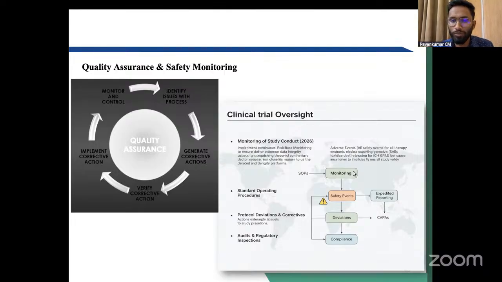If we are doing a follow up, and the next visit of the person is this week or next month, and he is not coming on time, or he is not taking the drugs in a proper way, or he is not adhering to the medication, then we are going to document that as a protocol deviation.